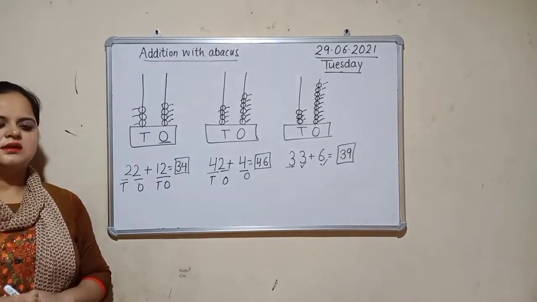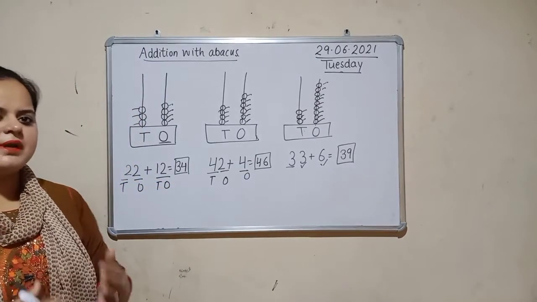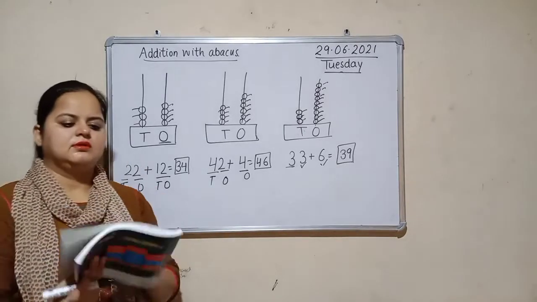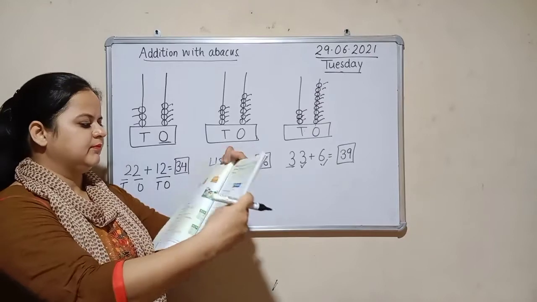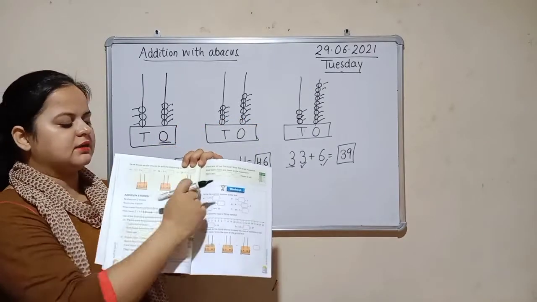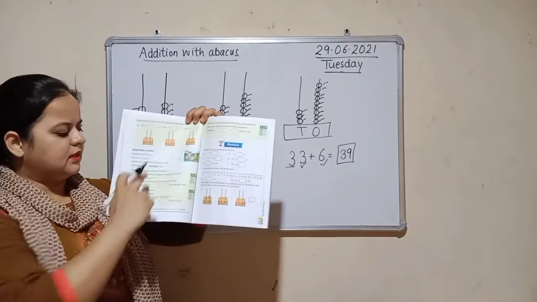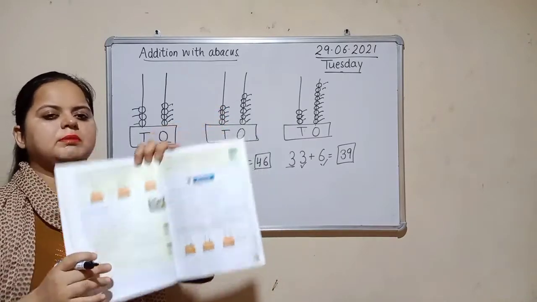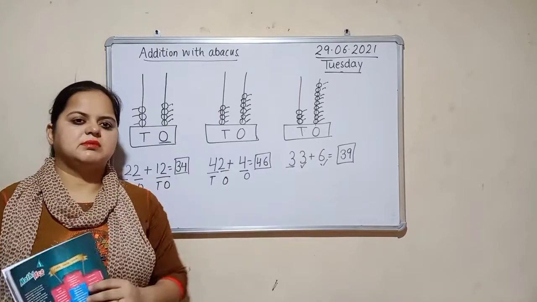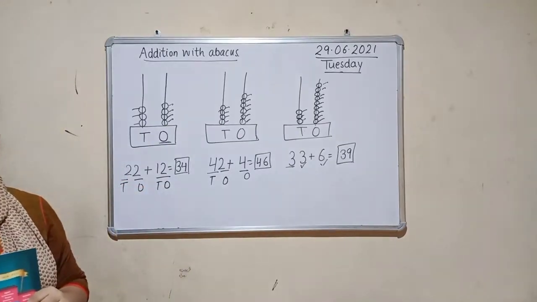Done. Now my dear students, bring out your books quickly. Here I have maths book with me. On page number 28, here are abacus sums and here are story based addition sums. Now we will do it. Okay. Open page number 28 of your book.